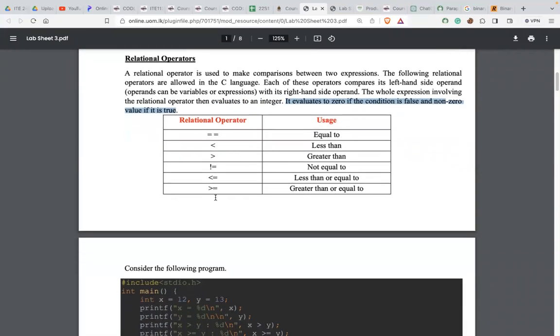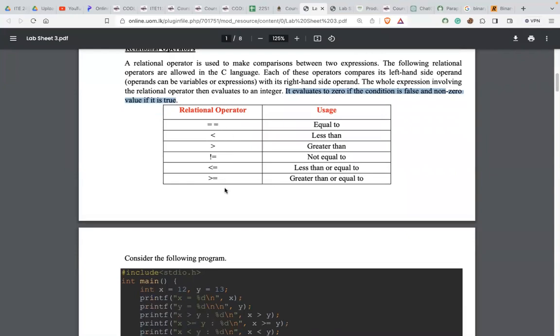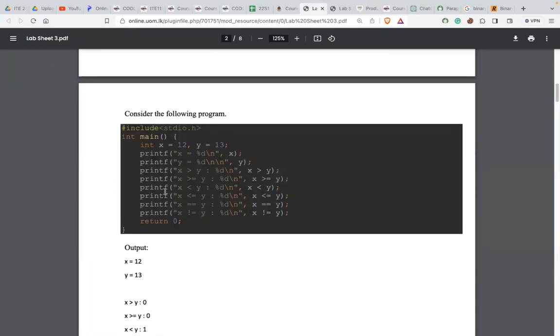So there are several relational operators available: double equal, less than, greater than, not equal, less than or equal to, and greater than or equal to. Let's take this example.